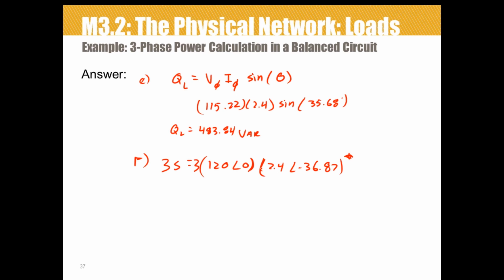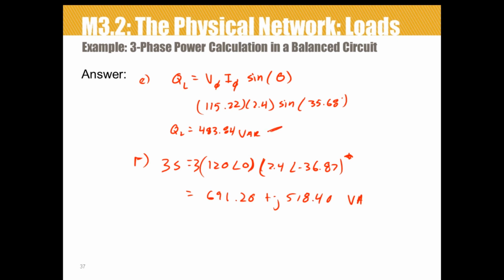And so what we're really concerned with is that difference calculation there. And so this ends up being 691.20 plus j518.40 volt-amps of complex power delivered by the generator.